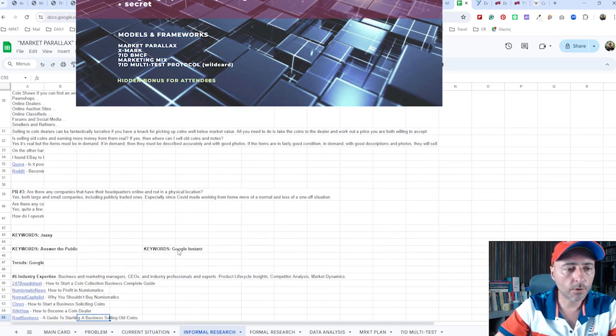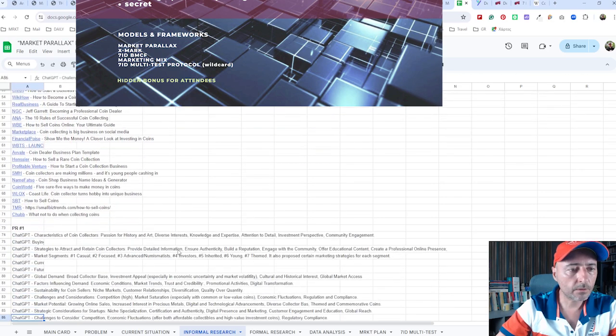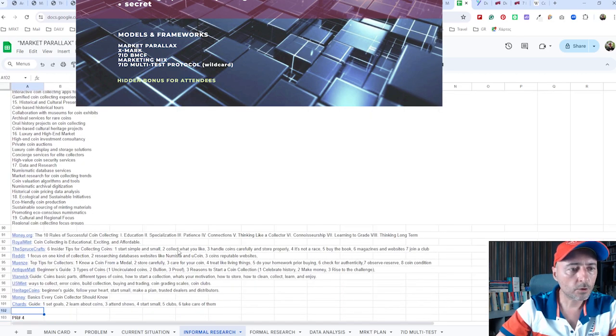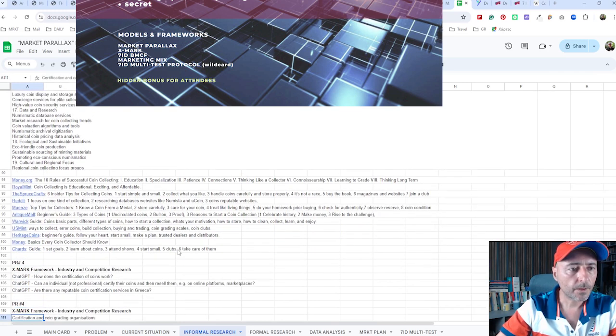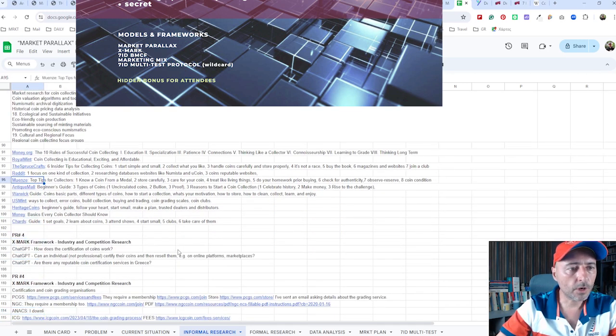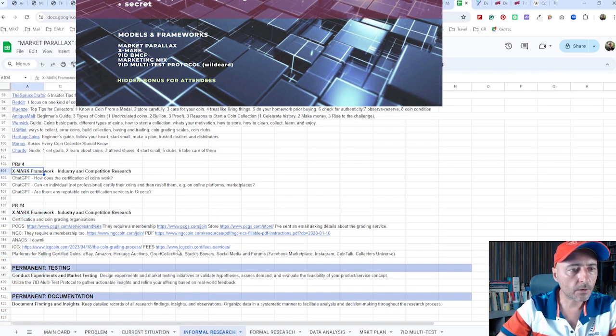I don't want to overwhelm you right now. These are various guides that I read. I also used ChatGPT to collect some information. Other sites: Money.org, Royal Mint, Spruce Crafts, Reddit, Muenze, Addict Mail, Warwick, US Mint, Heritage Coins, Money Charts, Xmark again, Industry Competition Research.